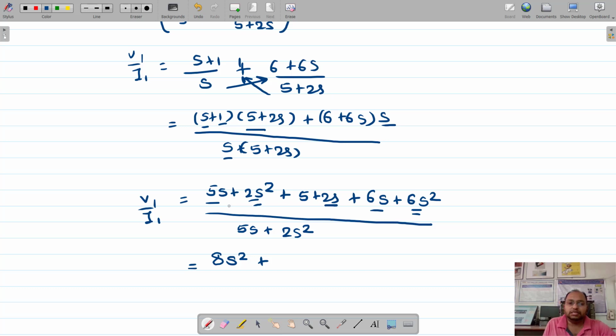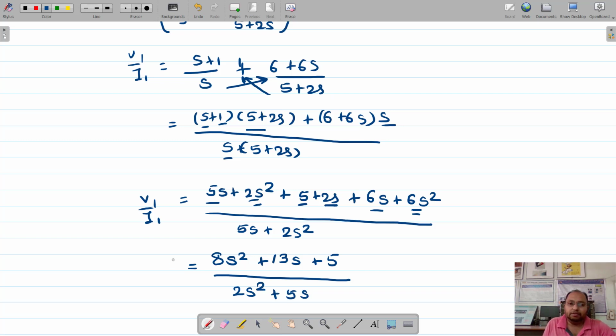So 2 plus 6, 8, 8 plus 5, 13. So 13s, and what about the constant term? It is 5.